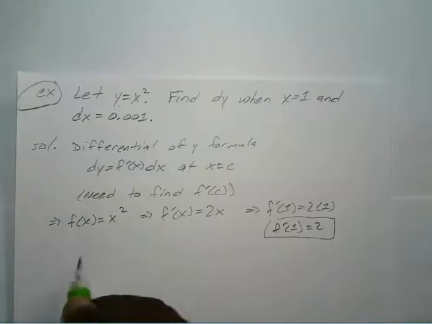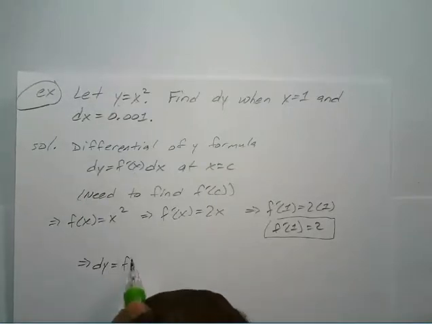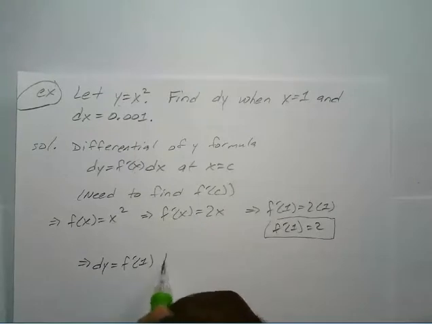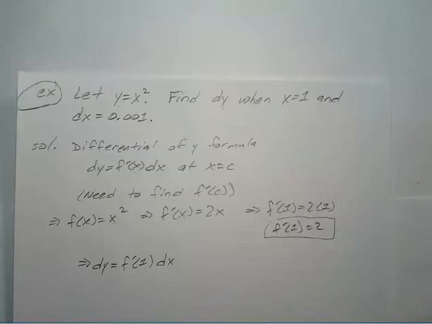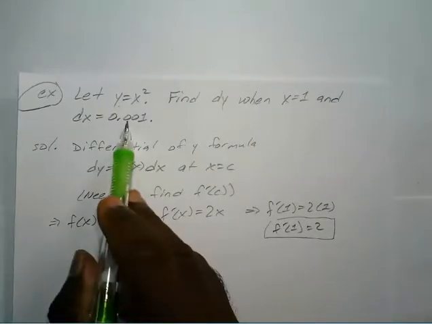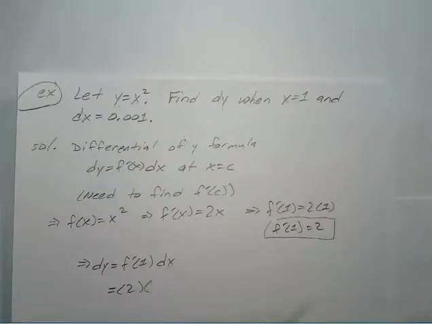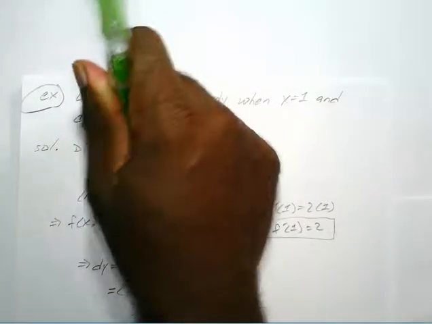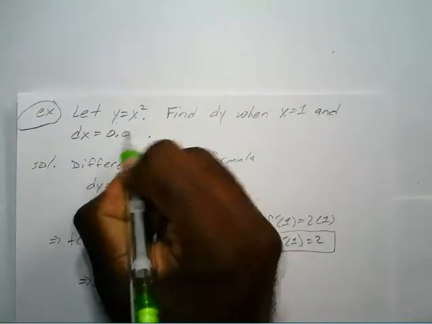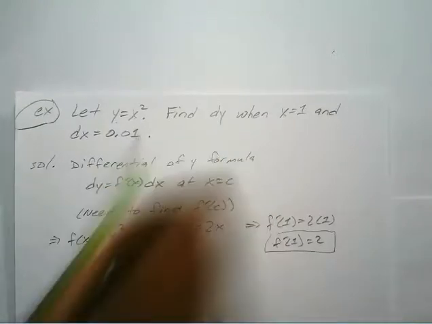Using that formula, I'm just going to rewrite it again. So that's f prime of 1 dx. That means your dy will equal f prime of 1, which is 2, times your change in x, which is, oh, that should be 0.01. I added one too many zeros. Sorry about that. There we go.